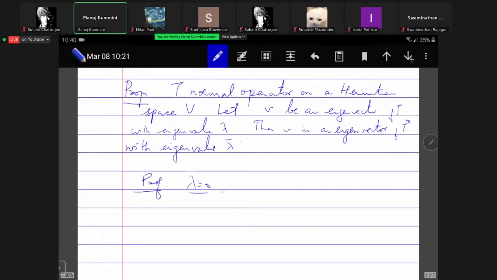Okay. So then, what do we need to show? So we have that Tv equals 0, and we want to show that T star v is also equal to 0. This is a Hermitian space. So note that T star v is 0 if and only if the Hermitian product of T star v with itself is 0.